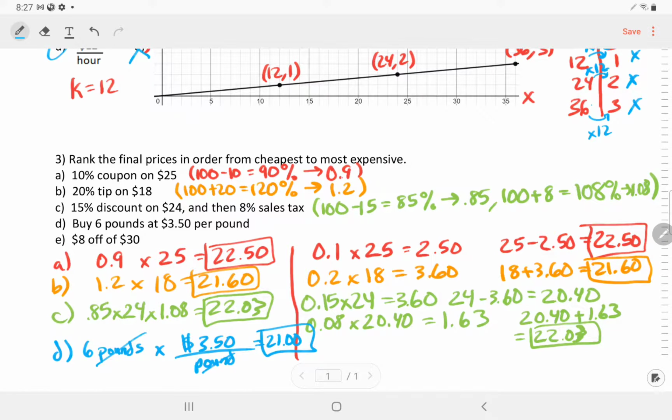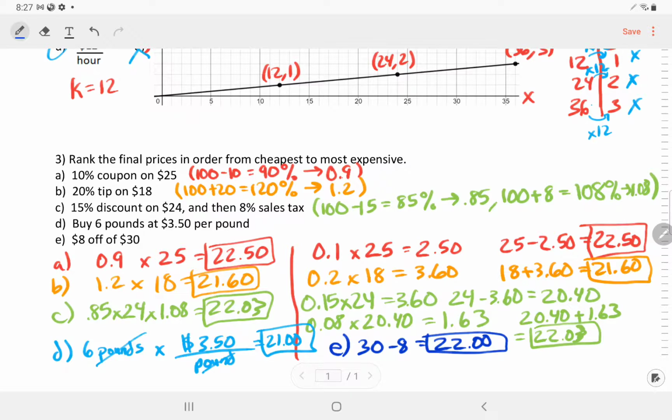And then our last one, E, is $8 off $30. So you take 30 and you subtract 8 and we get $22.